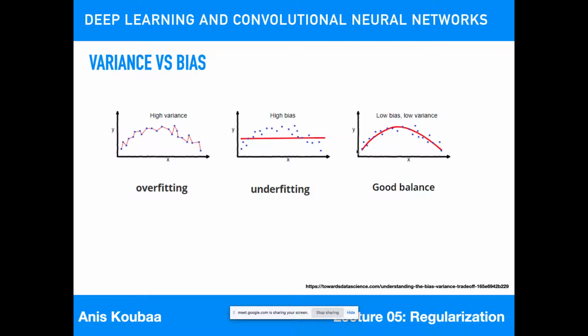Look, you have the same data points, and this curve will maybe have a little less accuracy than this model, but it is more general as a regression as compared to this one and this one.